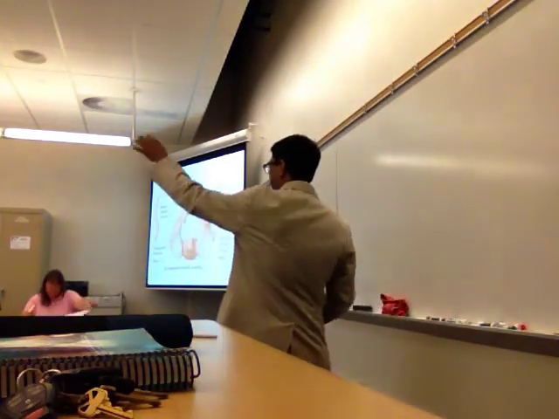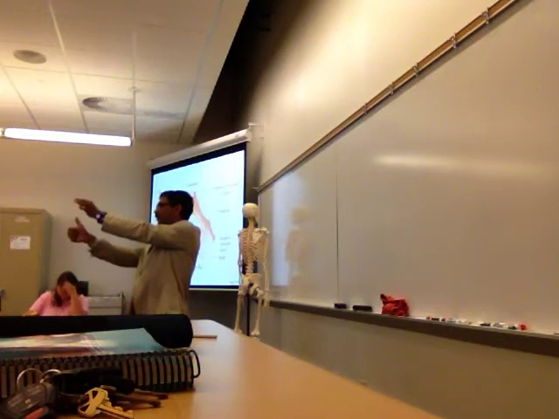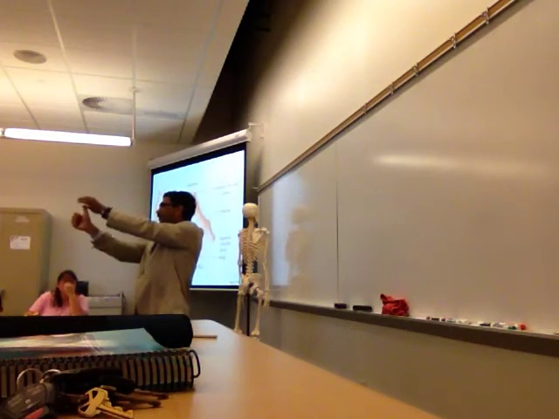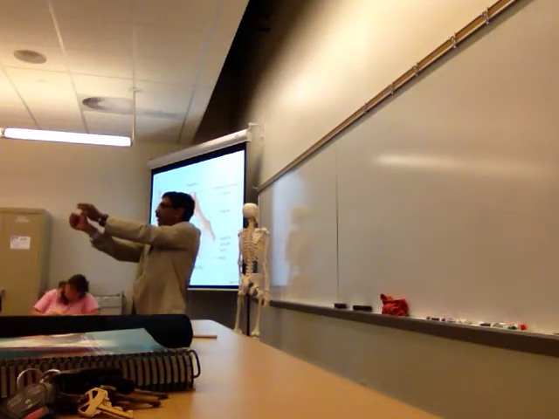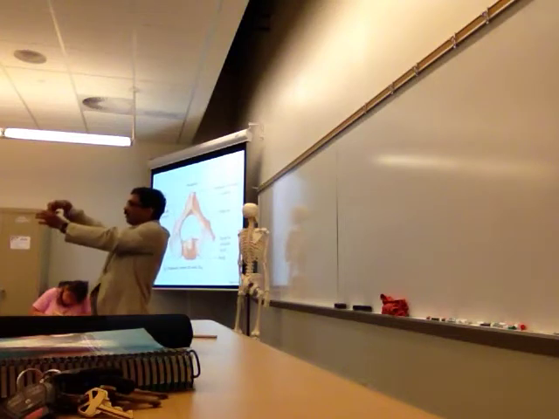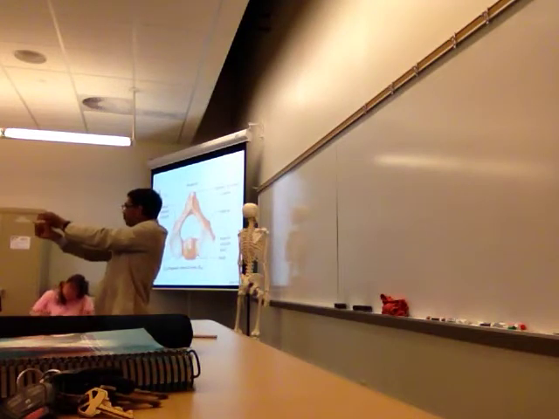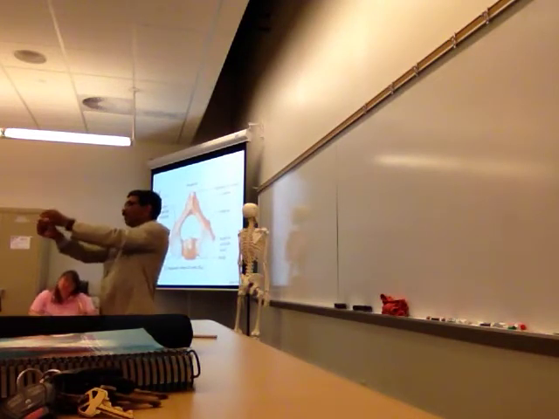Now you know that this is C1 like this, and C2 is like this, and the dens goes inside part of C1. And your spinal cord, a very important organ of the body, passes through the vertebral canal. So that's the weak point in our body. Why?